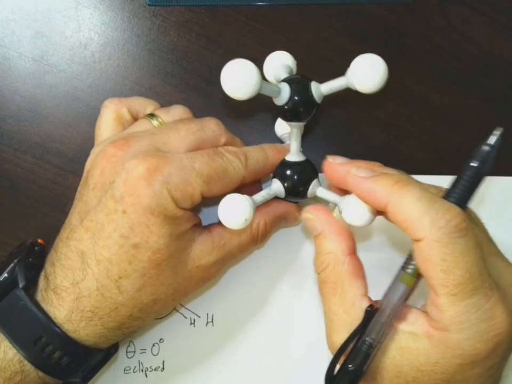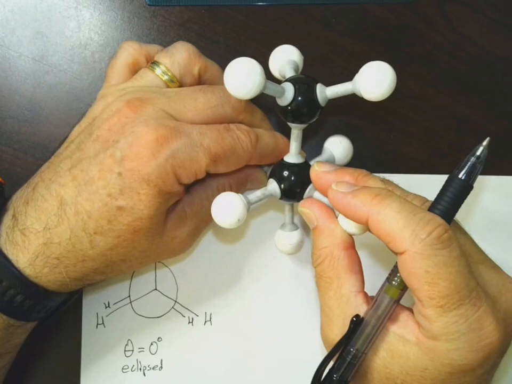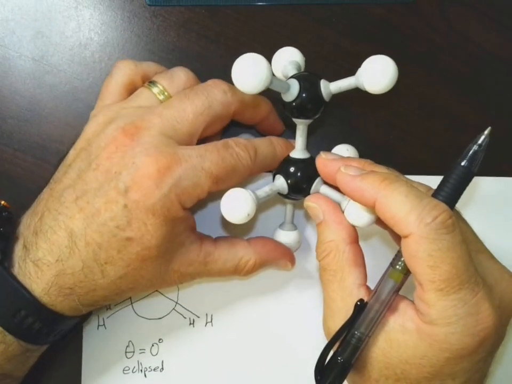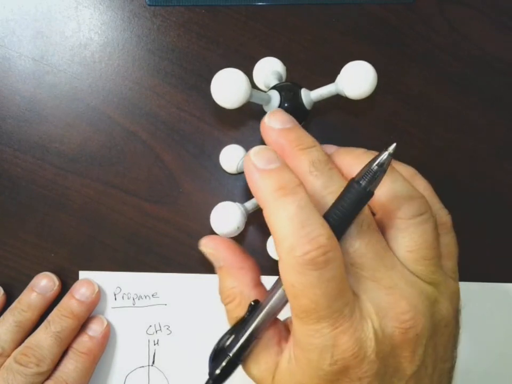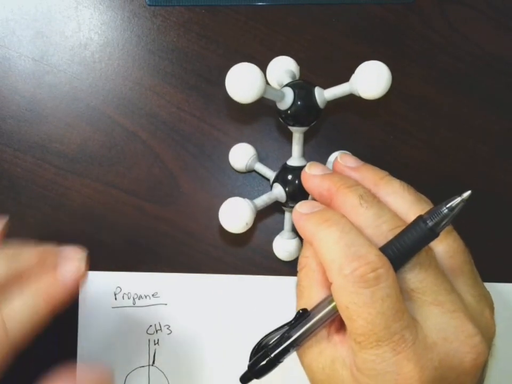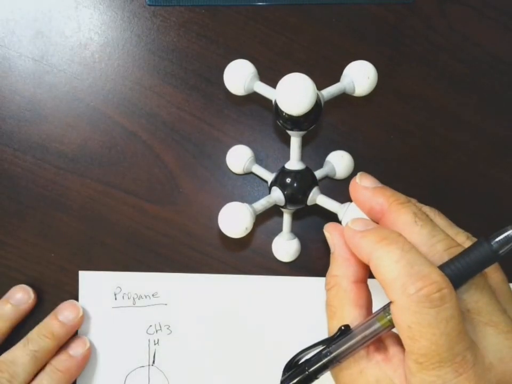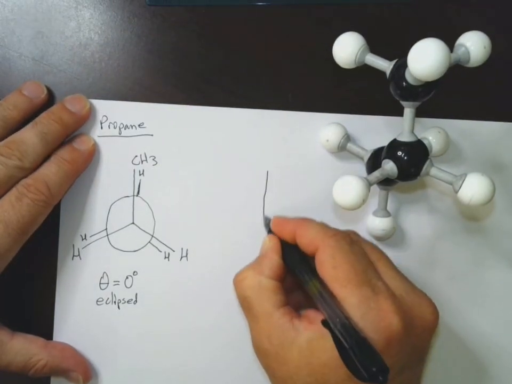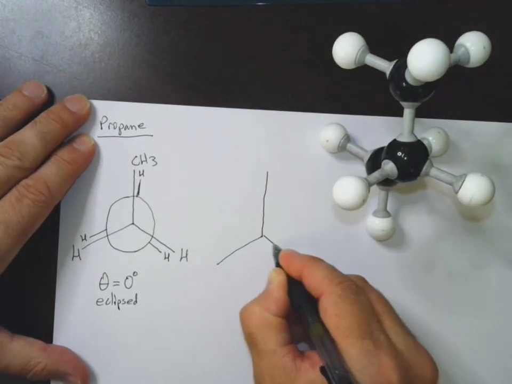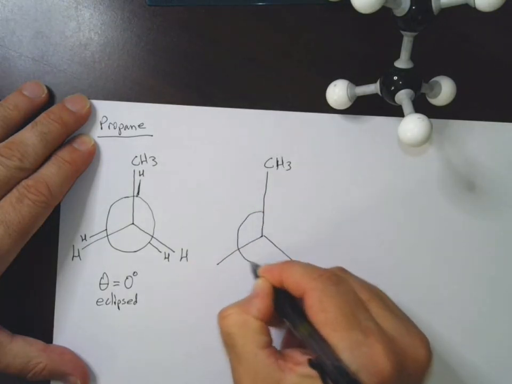And then if I rotate, I'll rotate the back carbon this time. Oops, this guy's going to fall over. There we go. So now I've got my staggered conformation, so let me draw that. I just knocked it over, sorry about that.